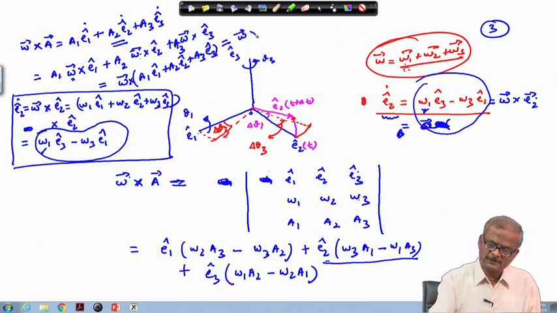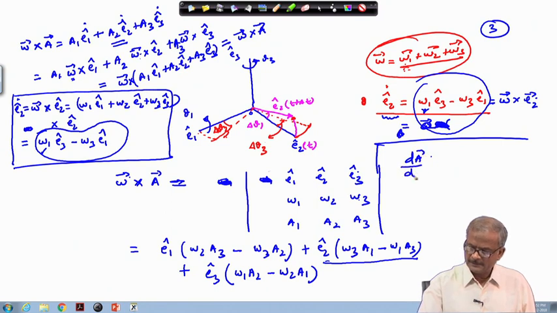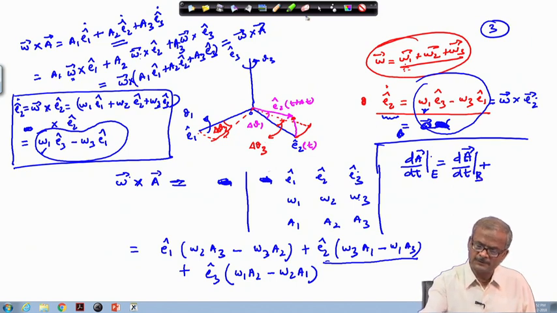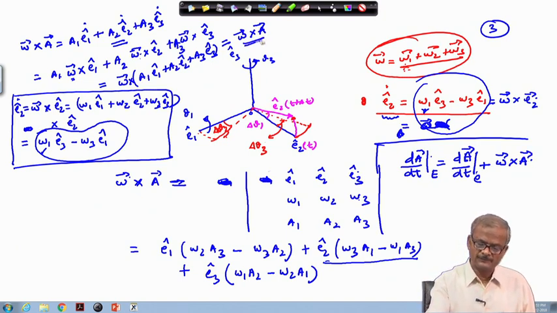So this is omega cross A. So the rate of change of the vector A, dA by dt in the inertial frame E, we write as dA by dt with respect to B, plus, here we have used the smaller e, so we will continue with the small e sign, and then omega cross A, which stems from this place.